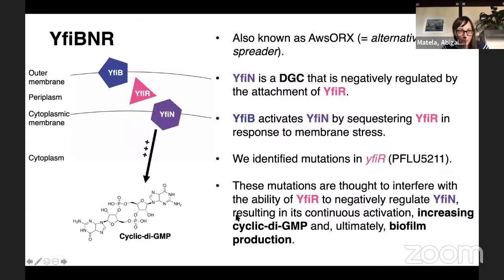Okay, so the next pathway we'll look at is YFI-BNR. Sometimes they have different names; this is also known as the alternative Wrinkly spreader pathway.